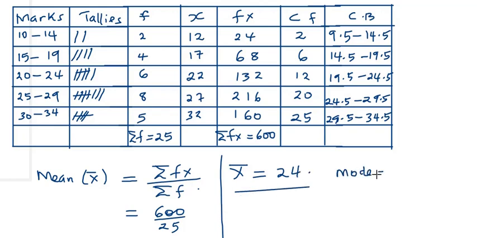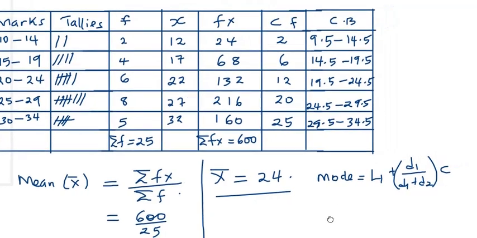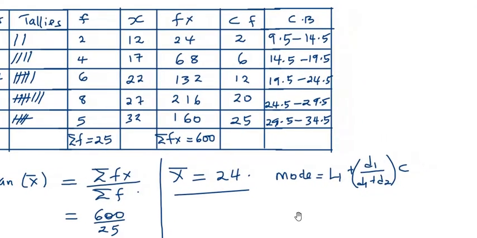Mod is equal to L1 plus D1 over D1 plus D2, everything we multiply it with the class width. Now, we know that mod is a value which appears more often, or the value with the highest frequency.